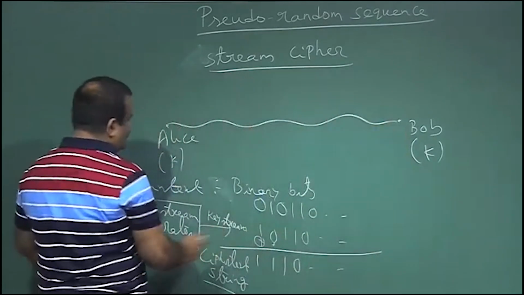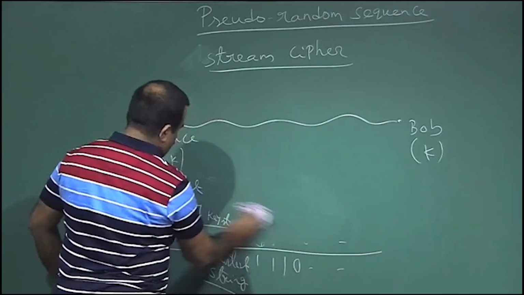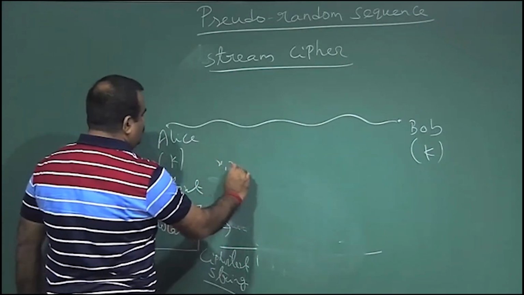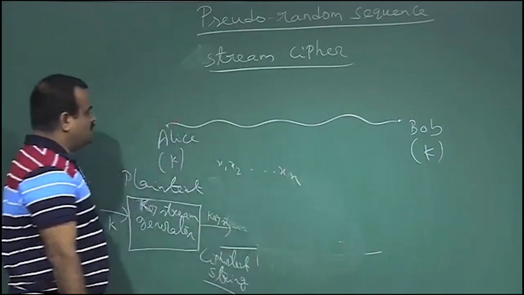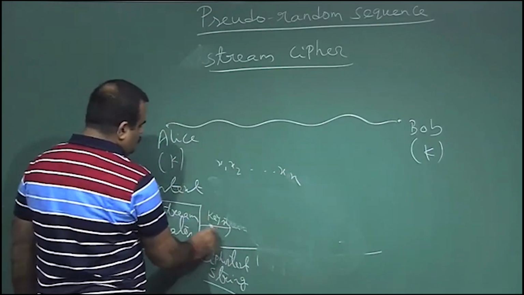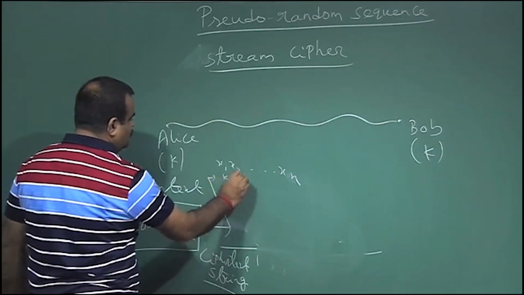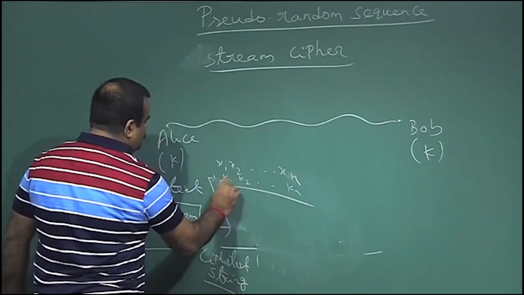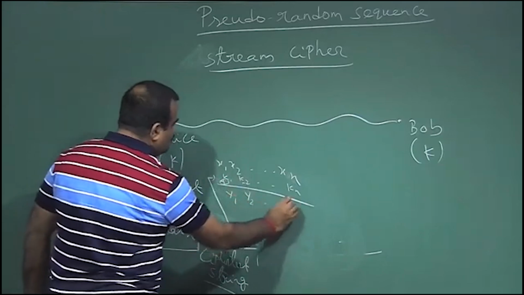If the plain text stream is x1 x2 ... xn, with n bits, one has to get the key stream generator, which gives us the key stream k1 k2 ... kn, and we do the bitwise XORing and get y1 y2 ... yn.